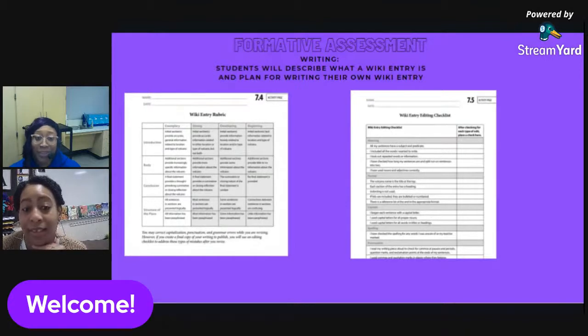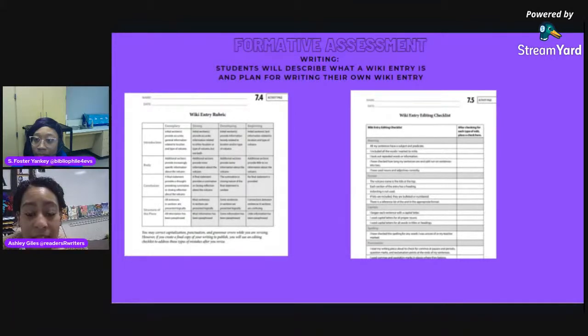Wow, that's very new. Wiki, they're going to write and post it up on the internet. Maybe in the next lessons, because this week they're only drafting and planning and getting ready to write it. We'll see what the other lessons have in store.